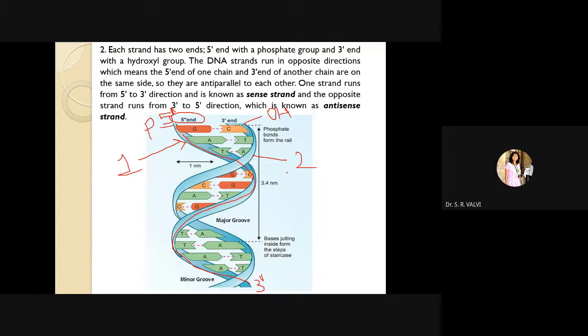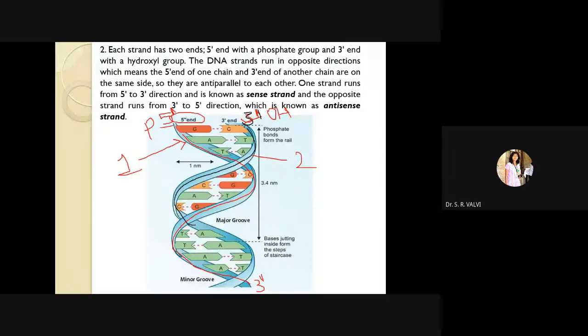And the other opposite strand starts from 3 prime and ends, let me take another color, I will take black, yes, you will get it. So here it's a 3 prime, the opposite strand, which runs, look at my pen, and ends over here, right?